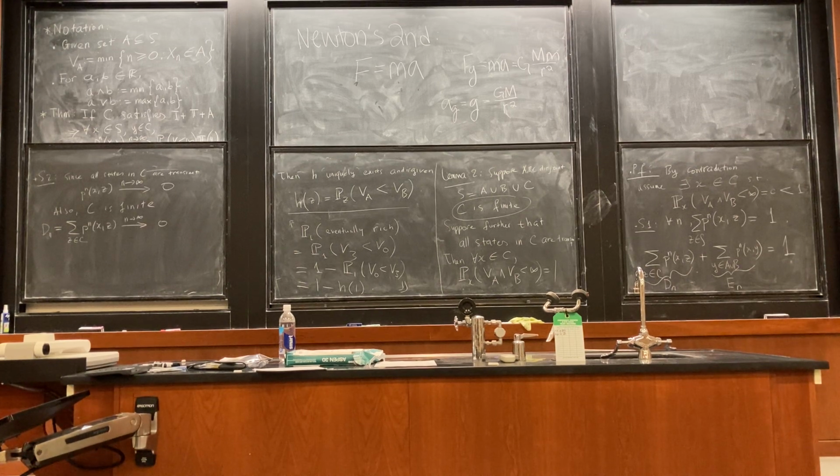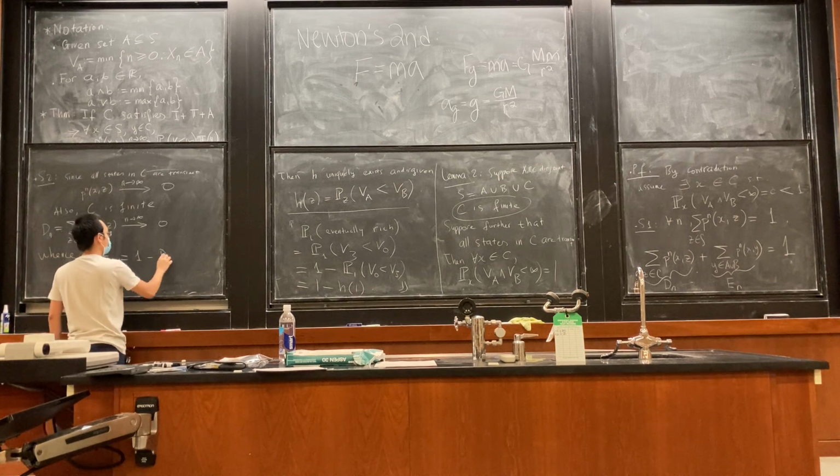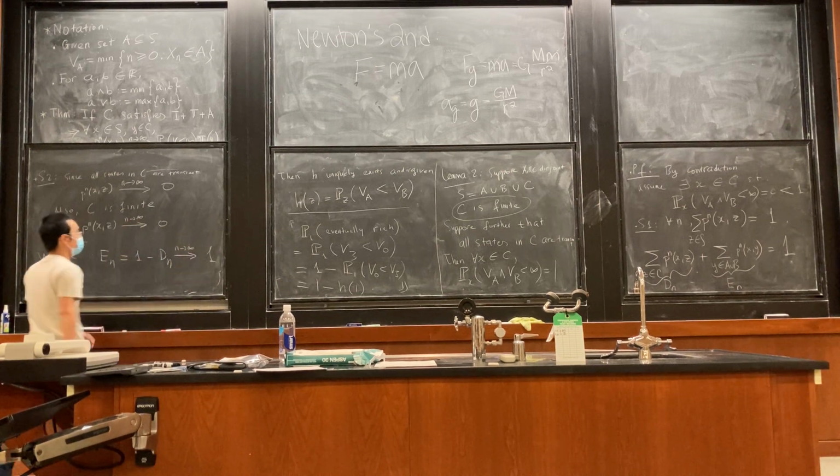But if you have an infinite sum, you cannot really say anything. So what does that imply? I have D_n plus E_n being 1, so E_n, which is 1 minus D_n, has to go to 1.